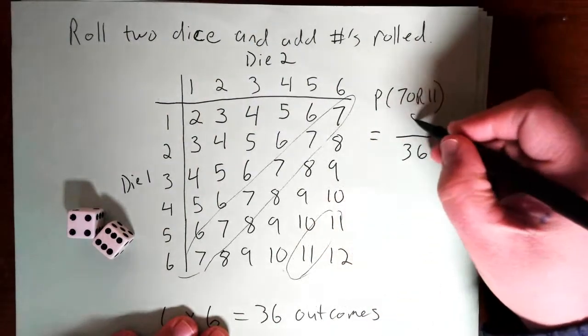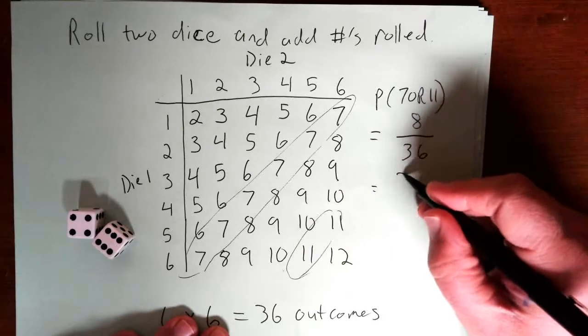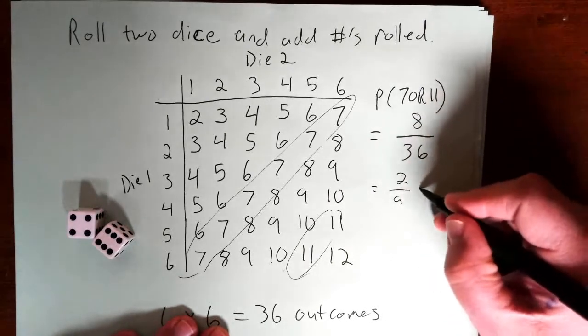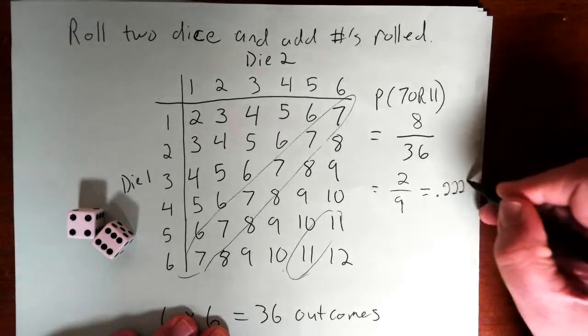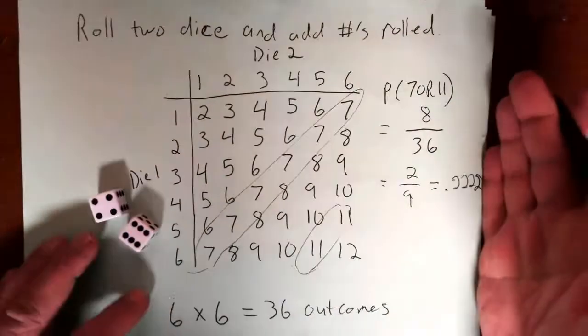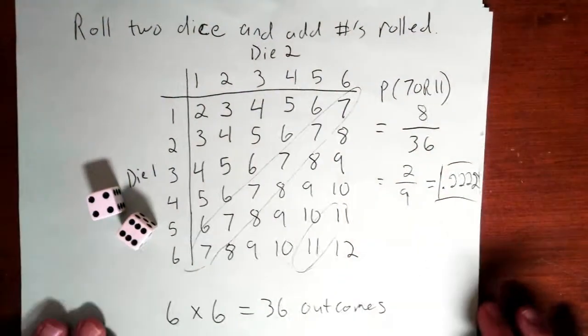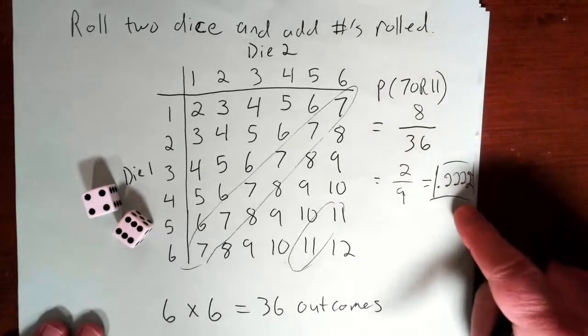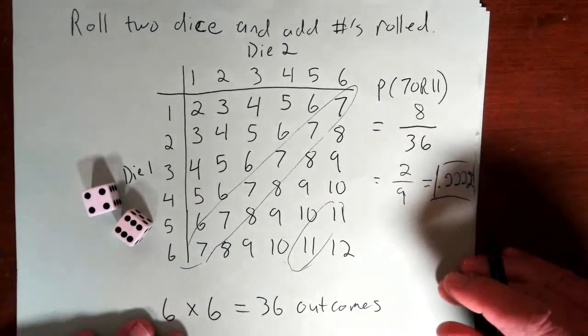So there's 8 out of 36, right? And that would be like 2 over 9. It would reduce down. That'd be like 0.2222. Okay, so it's like about 22% of the time you're going to roll a 7 or an 11.